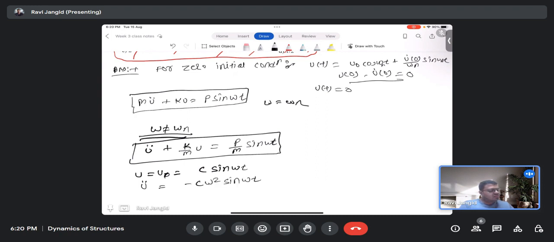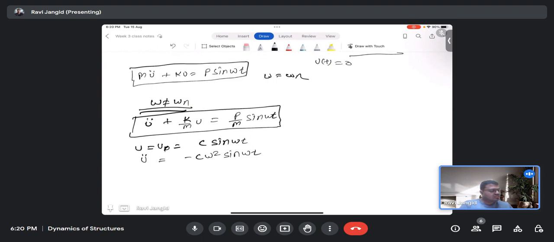If I put these two into the equation, that would be minus c omega square sine omega t plus k by m into c sine omega t is equal to P by m sine omega t.